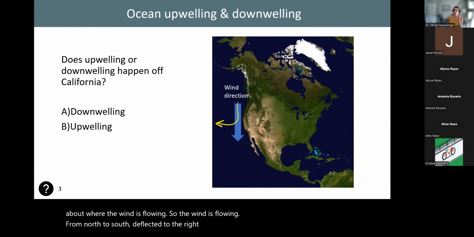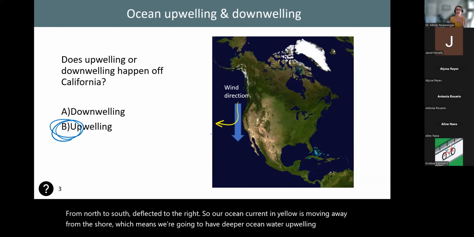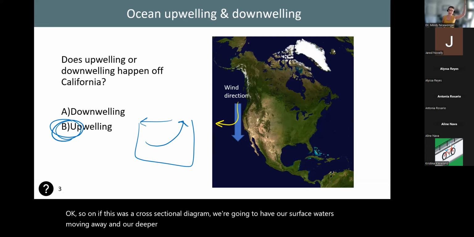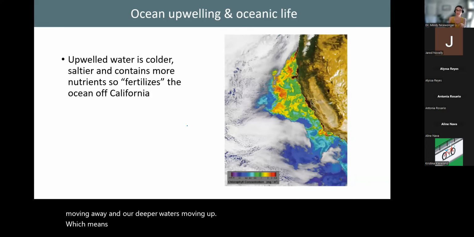So our ocean current in yellow is moving away from the shore, which means we're going to have deeper ocean water upwelling to fill in that. Okay, so if this was a cross-sectional diagram, we're going to have our surface waters moving away and our deeper waters moving up, which means it's very productive.